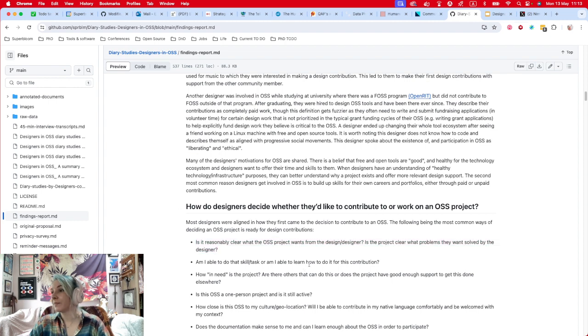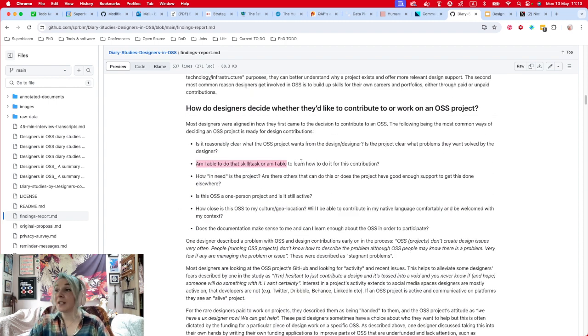Those kinds of questions. The next question is, are the designers able to actually do that task? Do they think that they have the skills required or are able to learn how to do that task, or a task that the open source software needs?